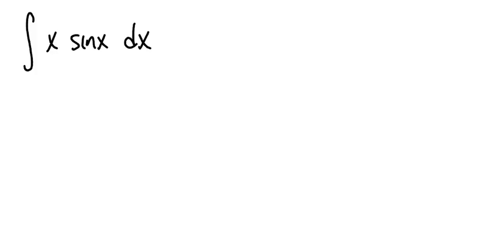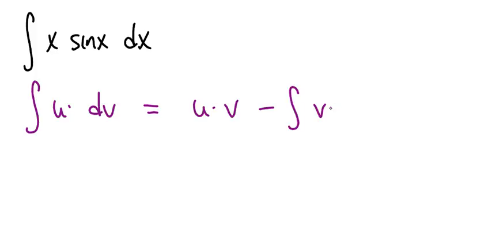So back to our example. Some of this has to be a u whose derivative can be found easily, and some of it has to be a dv whose antiderivative can be found easily, because we're going to identify a u and a dv and set that equal to uv minus the integral of v du.